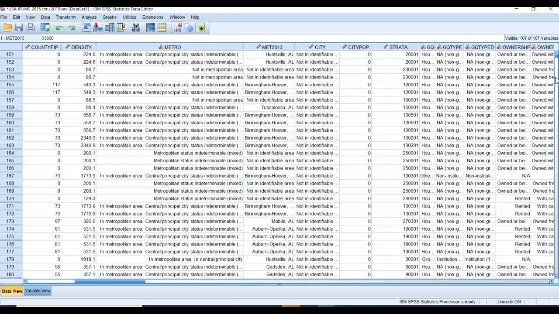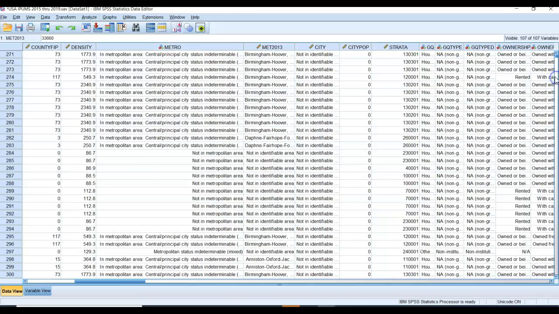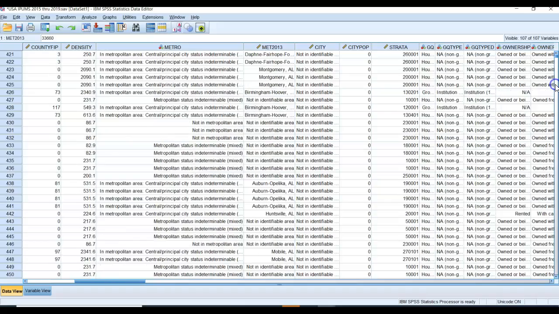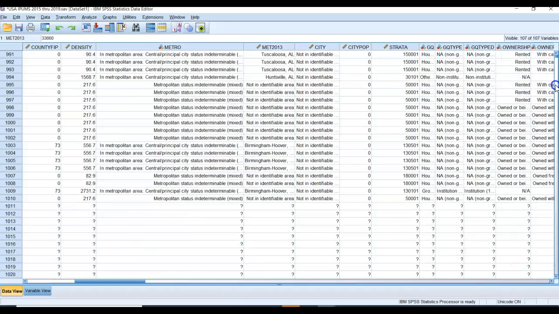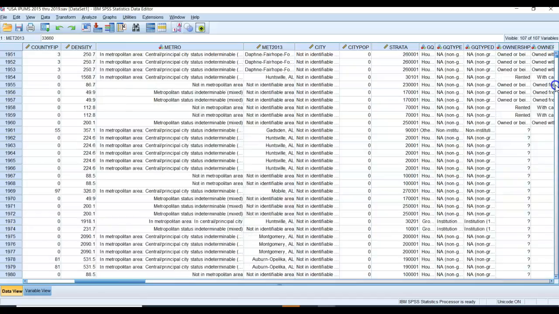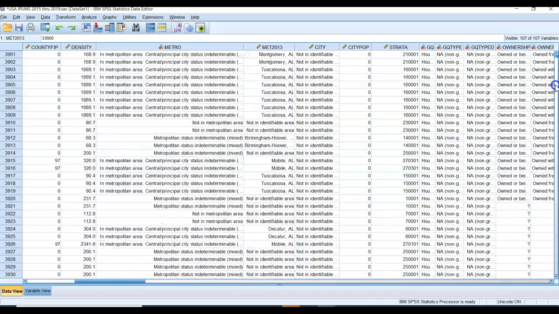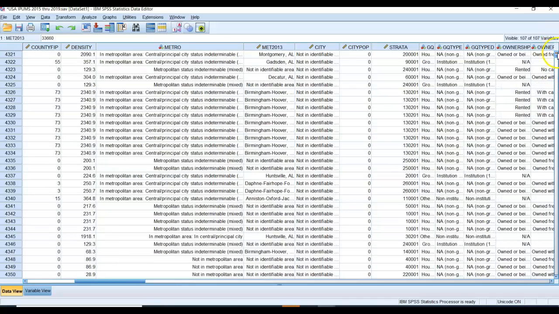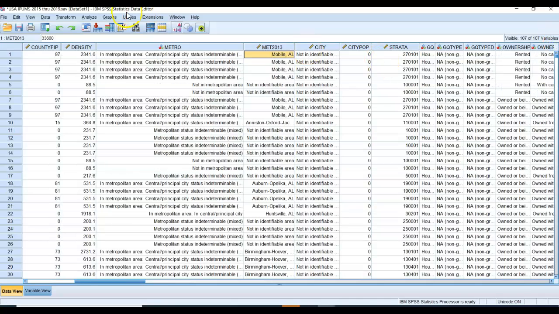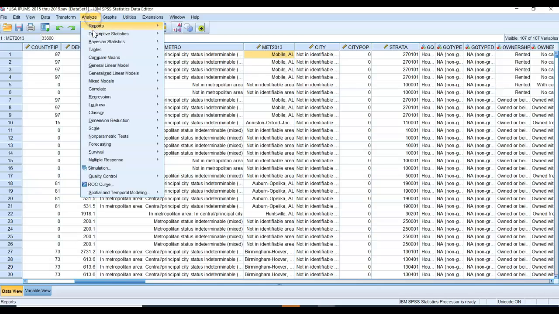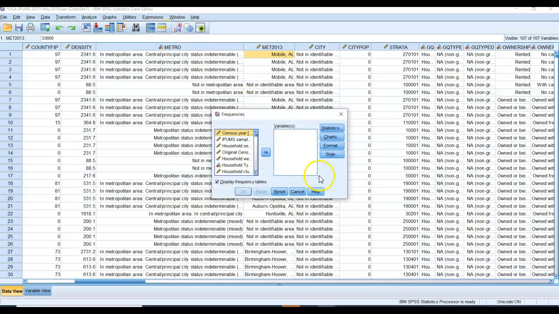Let me scroll down to one where they might have a person identified in a city. Sorry, it's a lot of data, so just bear with me. Actually, if I do it that way, I can just do frequency.